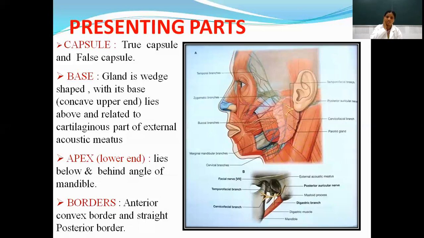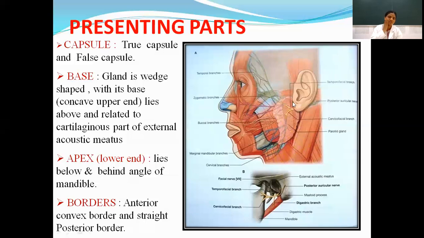Between the anterior border and posterior border, on the lateral aspect, that surface is called the superficial, or lateral, surface. What structures are present over the lateral surface? First, as you know, the skin, and beneath that the superficial fascia. In the superficial fascia there must be a cutaneous nerve: the great auricular nerve, a branch of the cervical plexus, supplying the skin over the angle of the mandible.